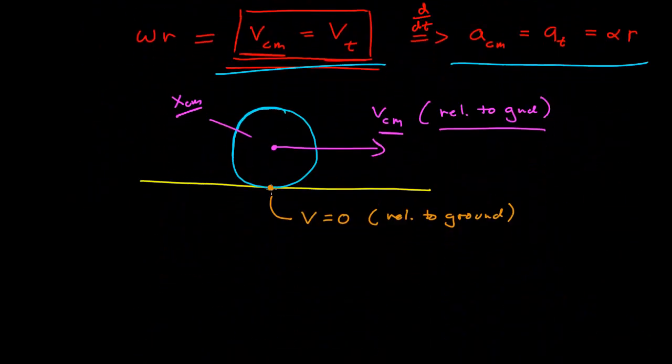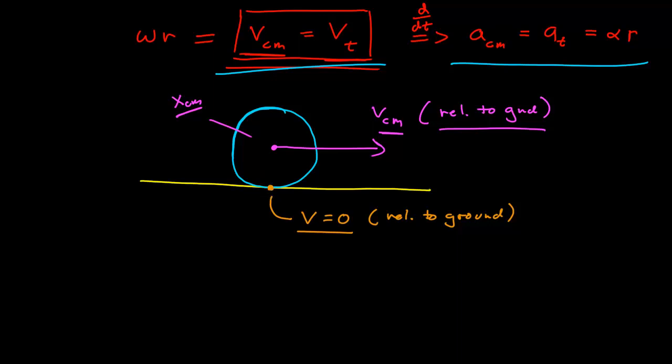If this point of the cylinder had a velocity relative to the ground, that is the definition of slipping. So if it's not slipping, that means this point has a velocity of 0 relative to the ground. Well, what is the velocity of this point relative to the center of mass? That's the tangential velocity.